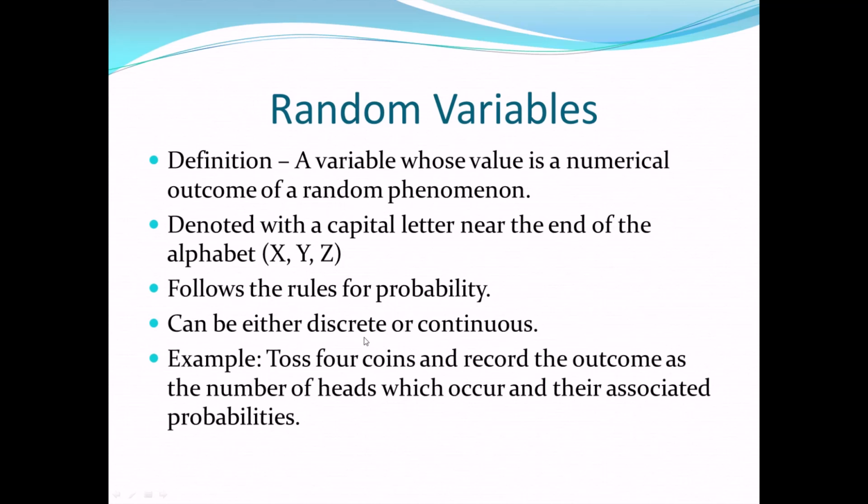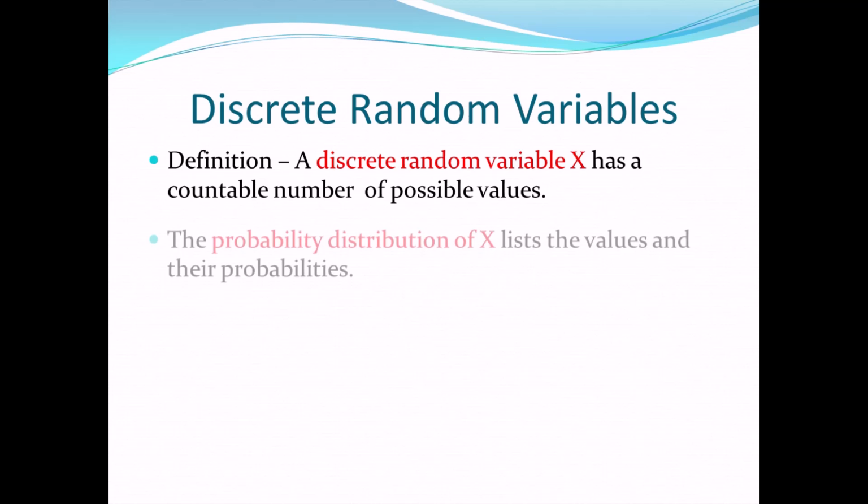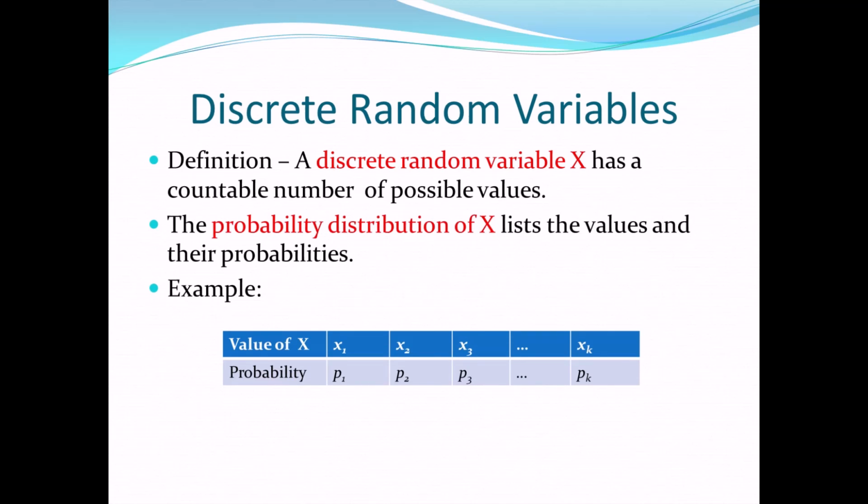So for example, this is discrete. Toss 4 coins, record the outcome as the number of heads. So it would be countable things like 0 or 1 or 2 or 3 or 4, the number of heads which occur and their associated probabilities. So a discrete random variable x has a countable number of possible outcomes, and we use a probability distribution of x to list the values and their probabilities.